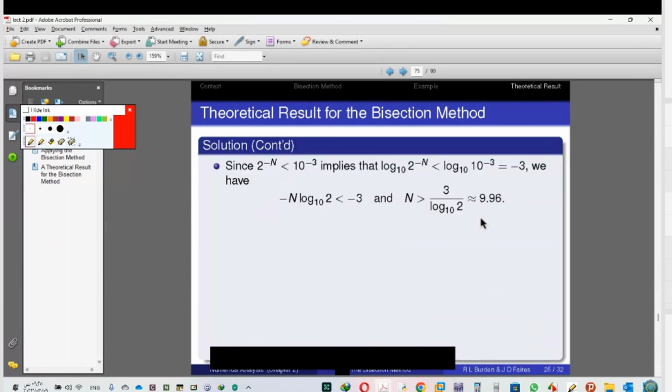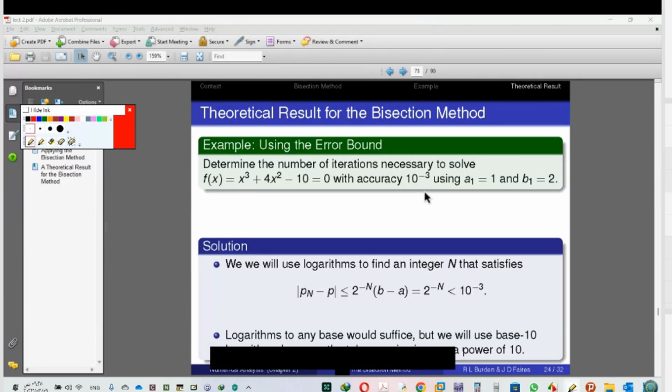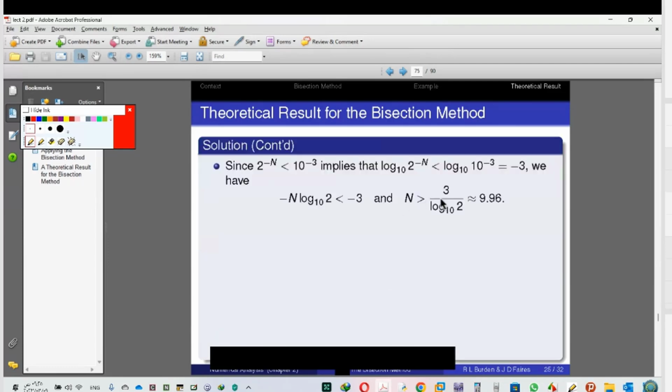Here we have the final formula. In the exam, if you are asked about the last formula, this is the formula. N here is bigger than. In the question he asked me for error 10 exponential minus 3, so here I will write 3.